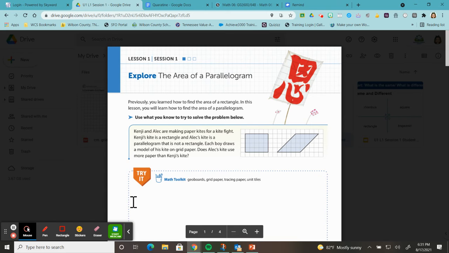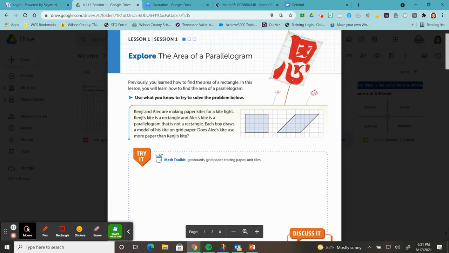We have talked about area before. We talked about the area of a rectangle. A rectangle is shaped like this. When we want to find the area of that, we have said before that our area formula for a rectangle would be length times width.